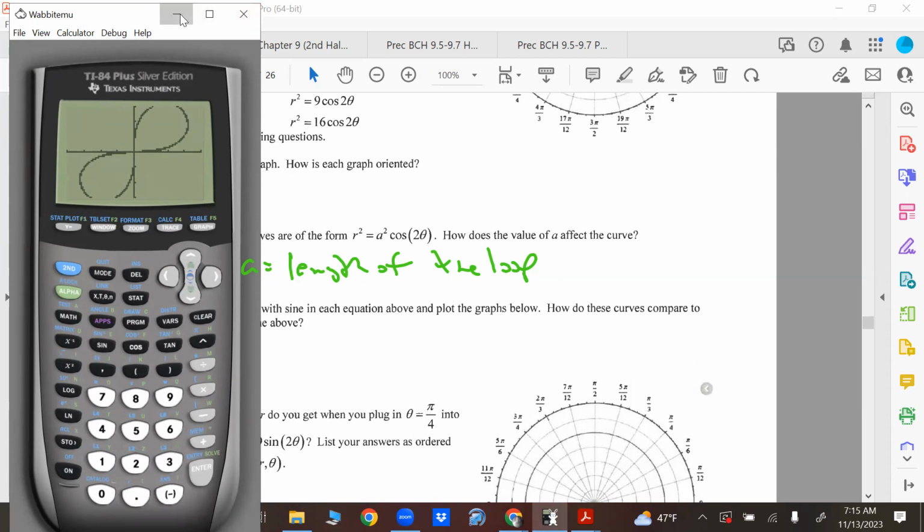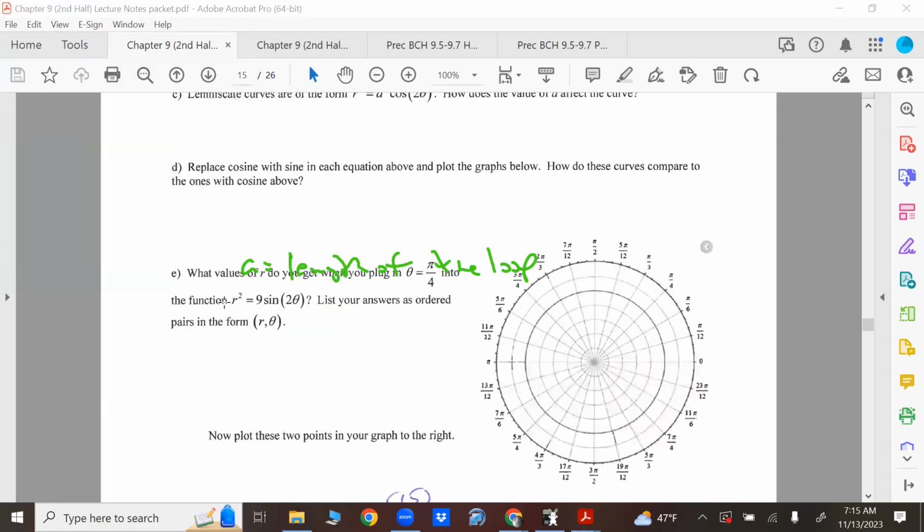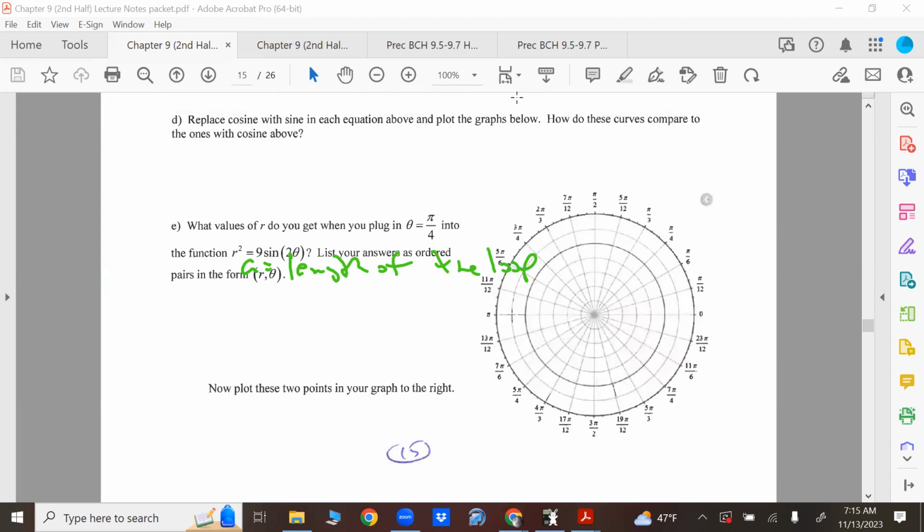So let's actually scroll down here and go ahead and clear some stuff. Yeah, so again, it's oriented at a pi over 4 angle. So it will look kind of like this. Pi over 4, which also makes sense because pi over 2 is 1, right?